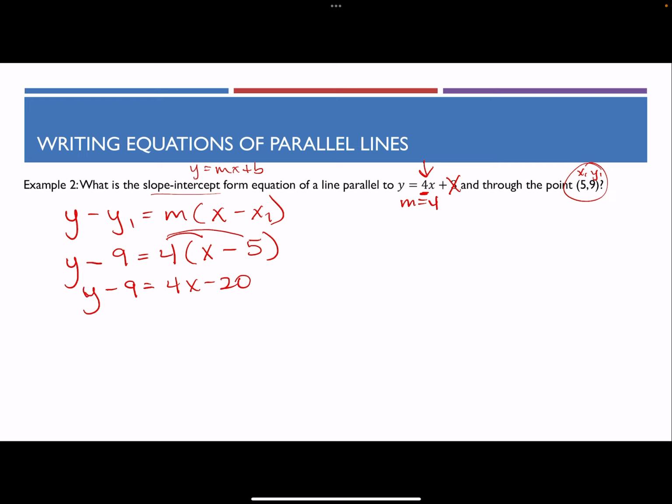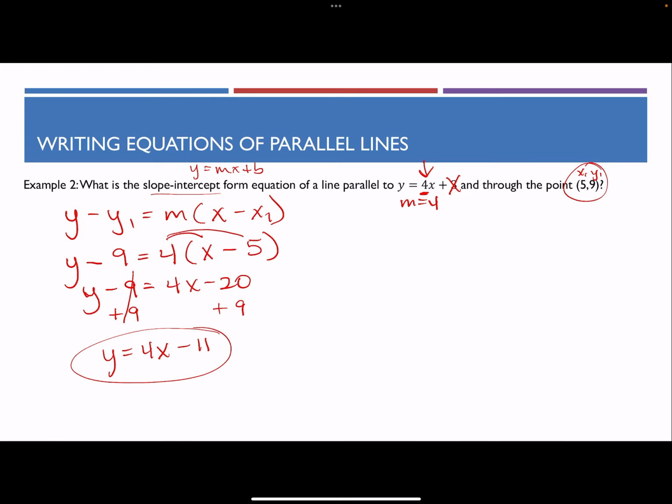Then to solve for y, I'm going to add 9 to both sides, find the like terms, and I have y is equal to 4x, and then use your calculator, negative 20 plus 9, negative 11. So there's my equation.